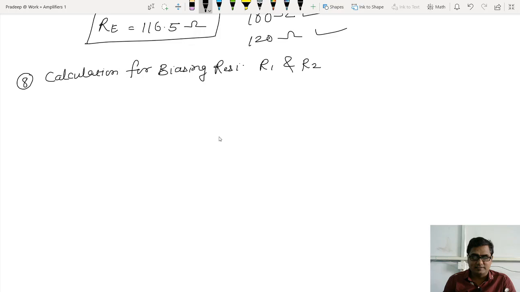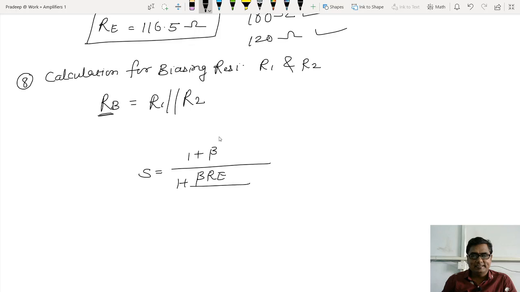Related to R1 and R2, one thing I know is that R1 in parallel with R2 is nothing but your RB, and this RB is in the equation of the stability factor. You know the stability factor equation: S equals 1 plus beta, divided by 1 plus beta RE divided by RB plus RE.